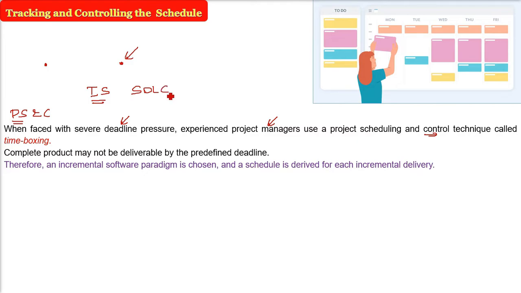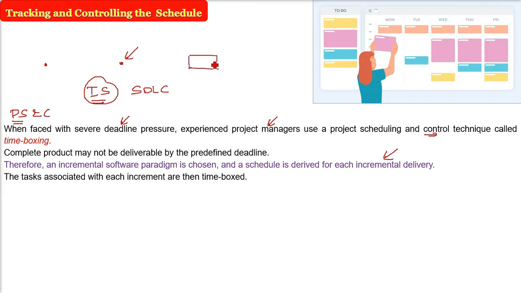In software development lifecycle, we have talked about waterfall, spiral, and agile, etc. Here, even if you want to use agile, you will use the incremental software paradigm. And the schedule is derived for each incremental delivery. I am saying a schedule will be made for every delivery, not for the whole completion of the functionality of the project. And the tasks associated with each increment will then be time boxed.